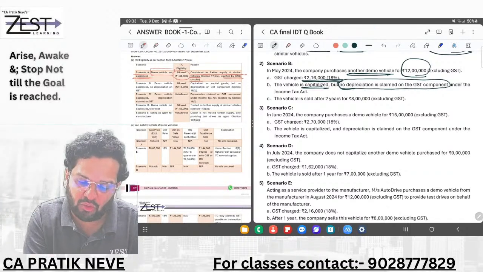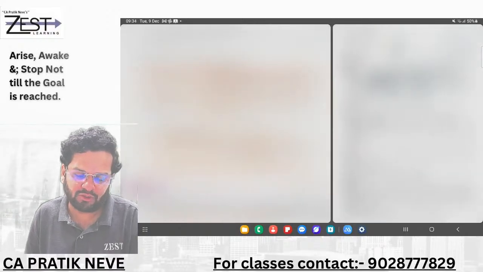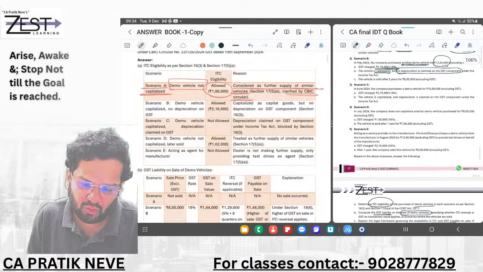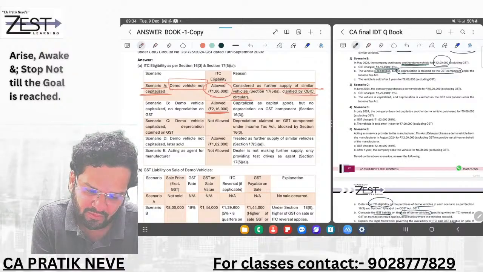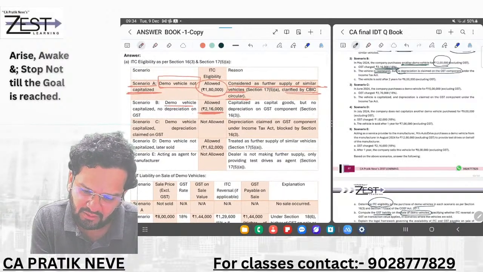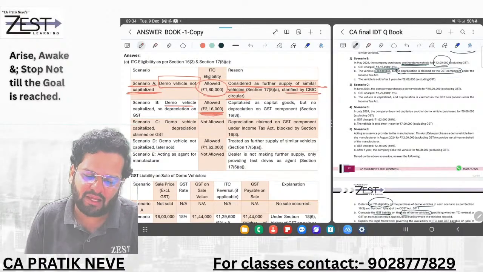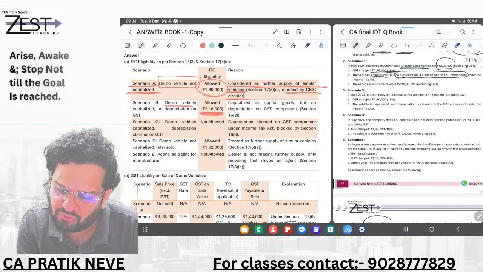So ITC will be allowed. Okay, absolutely no problem. ITC of 2,16,000 will be allowed because it is a demo vehicle. So it's okay, you can claim ITC of 2,16,000. But the point is, the vehicle is sold after 2 years.